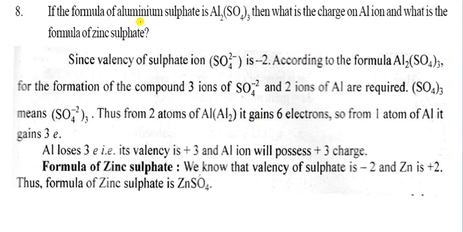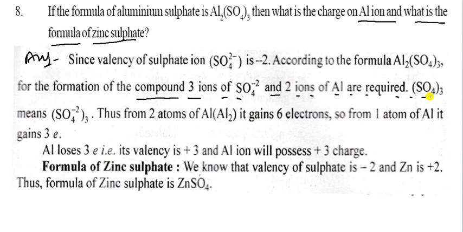Question number 8. If the formula of aluminum sulfate is Al2(SO4)3, then what is the charge on the aluminum ion and what is the formula of zinc sulfate? Since the valency of sulfate is -2 and according to the formula Al2(SO4)3, for the formation of the compound 3 ions of sulfate or 2 ions of aluminum are required.